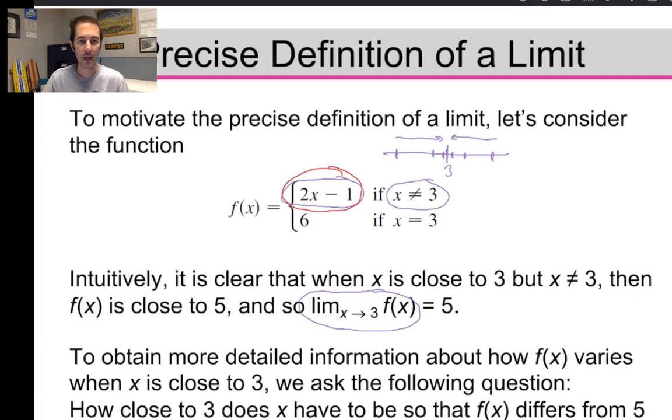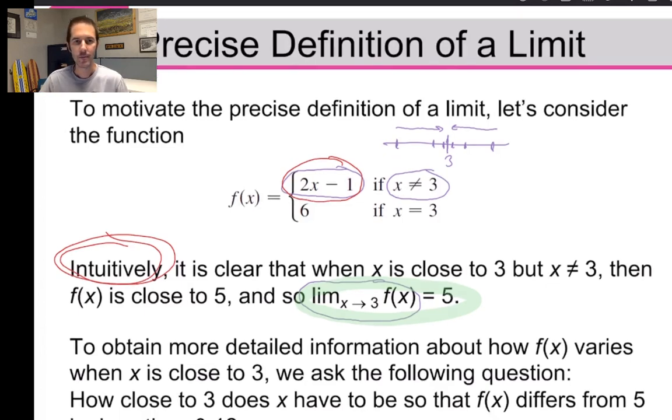And so we would say, intuitively, that our limit of f of x as x approaches 3 is equal to 5. Notice that when you actually arrive at an x value of 3, the y value is 6. Do we care? We do not care. Doesn't matter. We're only concerned with what's happening in the neighborhood.